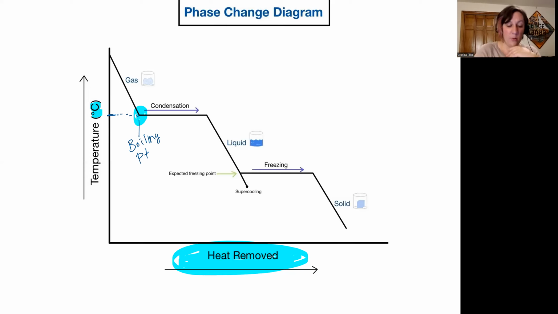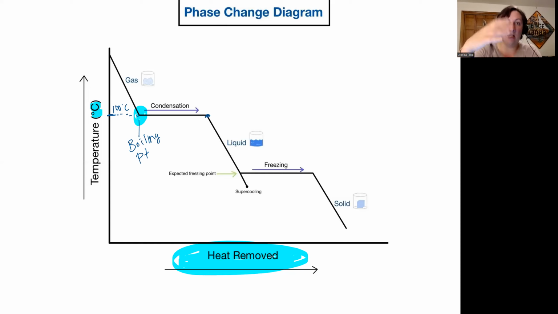And so that boiling point is still going to be 100 degrees Celsius for water. And so that's when the gas at the higher temperature will start to condense. And so then once that condensation takes place, it'll be 100 degrees the whole time until it hits the point where everything has been converted into a liquid.